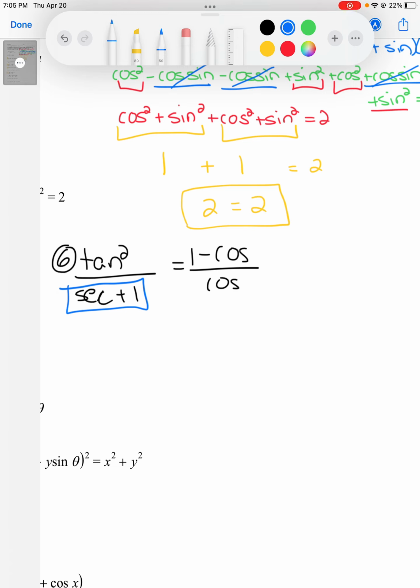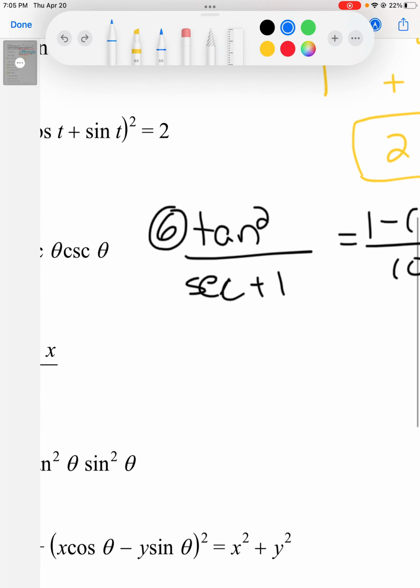And the only way to get rid of that is by multiplying it by its difference of squares. So remember, difference of squares means I'm going to multiply it by secant minus 1. Same thing, just different sign. But what I do to the bottom, I need to times the top.